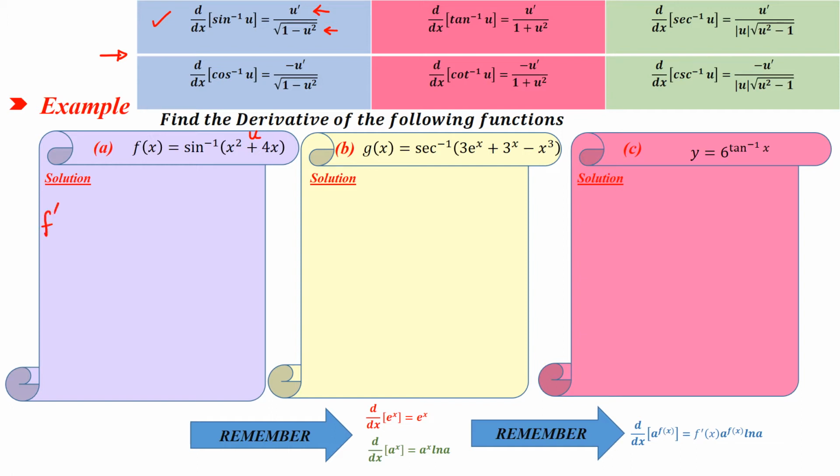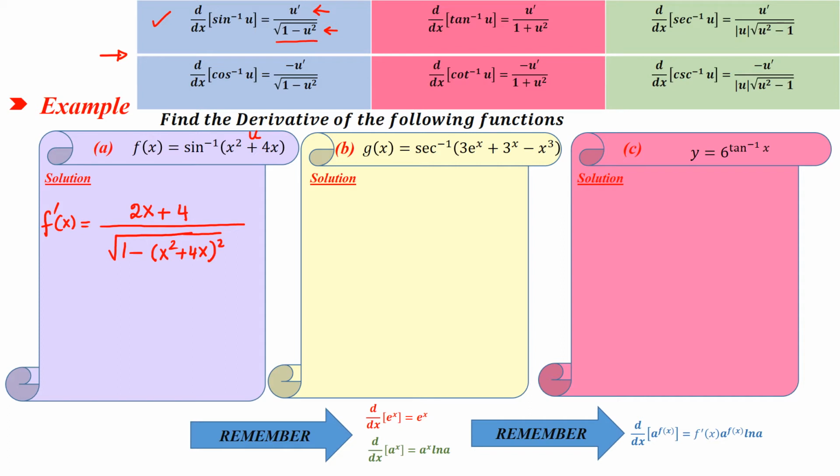So f prime of x equals the derivative of the inside function, which is 2x plus 4, divided by square root of 1 minus the inside function squared. And the inside function is x squared plus 4x, all squared.